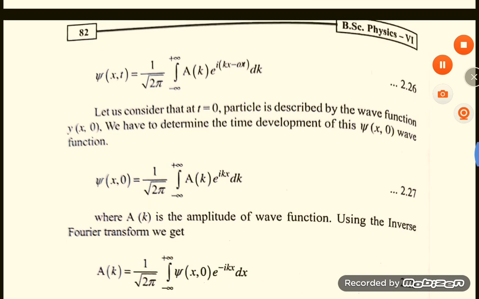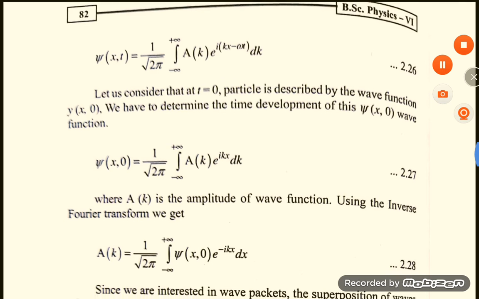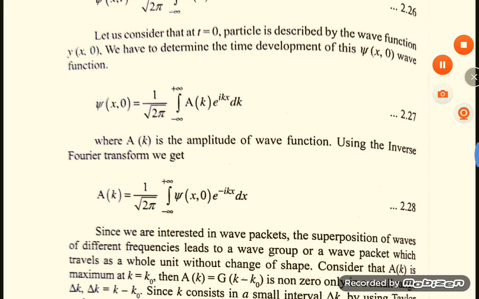Let us consider that at t equal to 0, the particle is described by the wave function psi(x,0). We have to determine the time dependence of this wave function psi(x,0). So psi(x,0) is equal to 1 by root 2 pi integral from minus infinity to plus infinity of a(k) e^(ikx) dk.